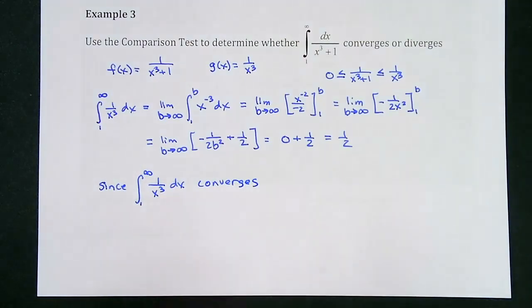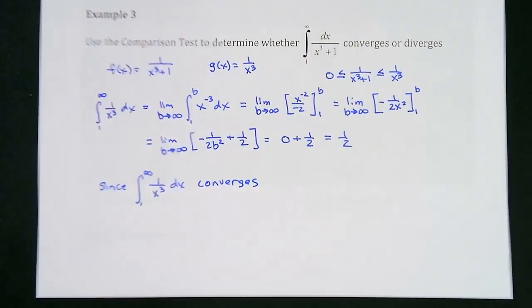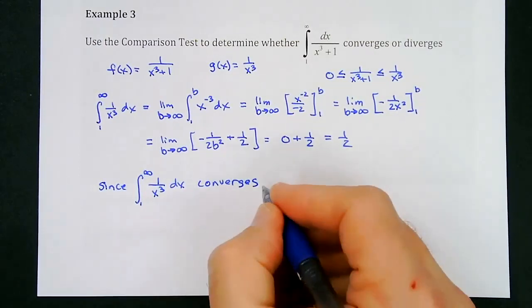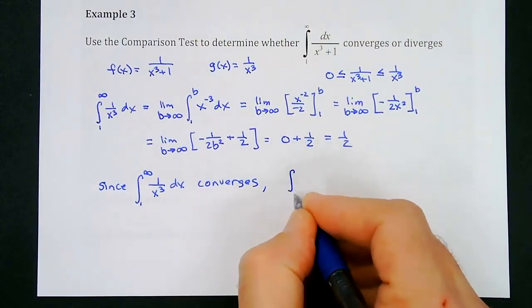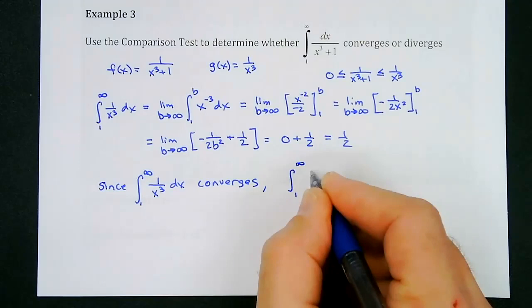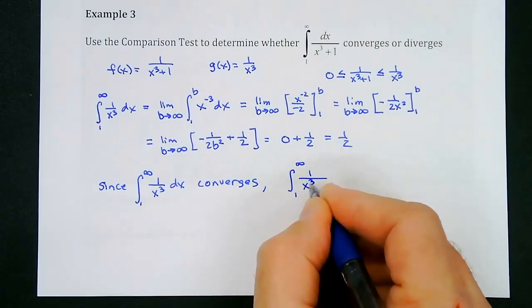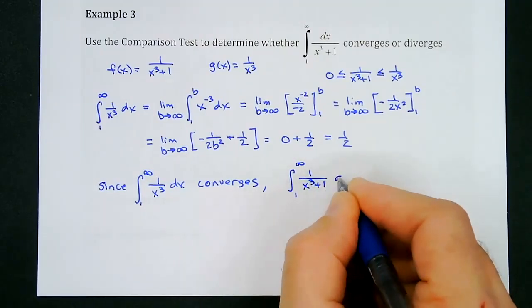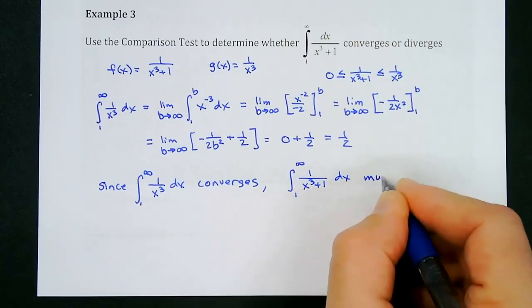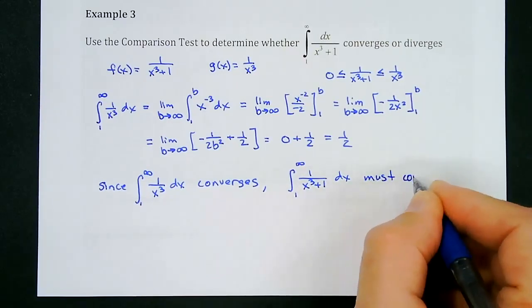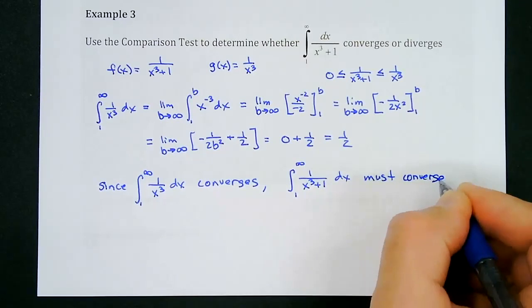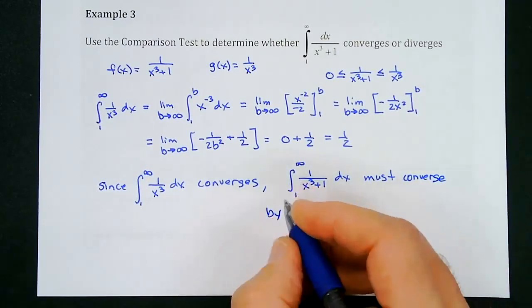And if the smaller one diverges, then the bigger one must also diverge. So we know that the integral from 1 to infinity of 1 over x cubed plus 1 dx must converge by the comparison test.